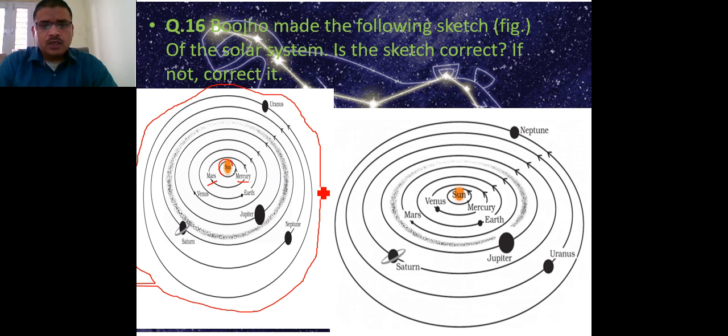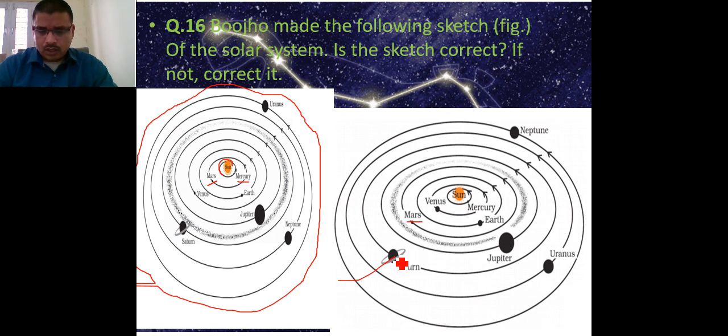Nearby the Sun there is Mercury and then Venus, after that Earth, then Mars, then Jupiter, Saturn, Uranus, and after that Neptune. So the correct order from the Sun is this one, and in this way it can be changed.